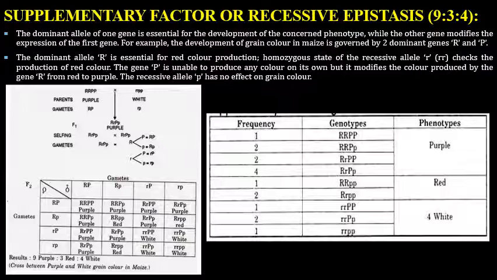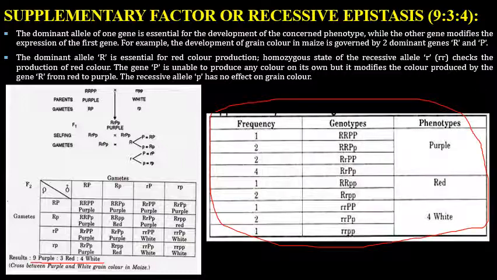So let us see how this ratio, that is 9 purple colored grain individuals, 3 red colored grain individuals and 4 white grain colored individuals, is produced. We will directly go to this table showing the individuals with the ratio 9:3:4.